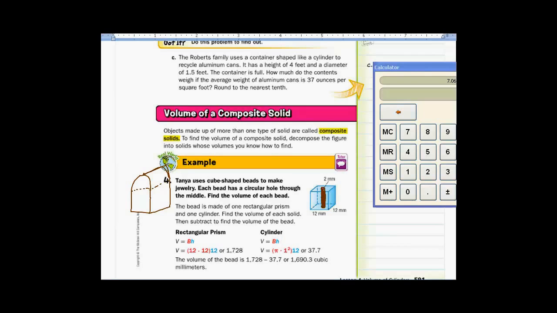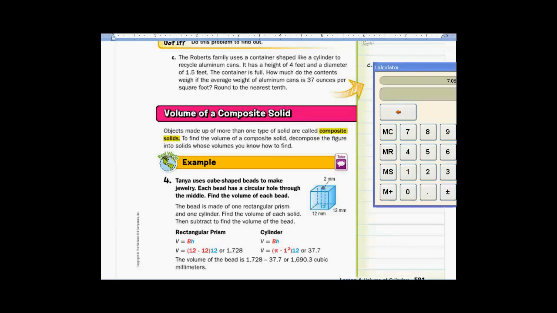So you would have to find the volume of the bead and then just take out whatever the part is that you don't have. So what's the volume of the bead? Area of the base, same formula, 12 times 12. And then how tall is it? Well, if it's a cube, they're all the same. 12 times 12 times 12. That's where the 1,728 comes from. All right? Now, you have to take out the part where she can thread it through, that hole in the middle. So it has a 2 millimeter diameter.